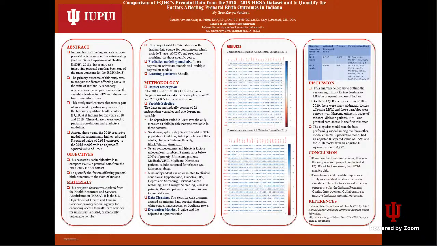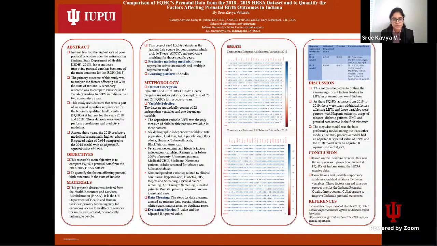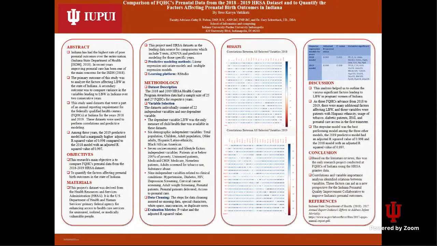And so IFCA is not able to make changes in their care because they don't have enough data to make their decisions. Yes. Correct? Yes, Professor. Thank you. Very nice presentation.